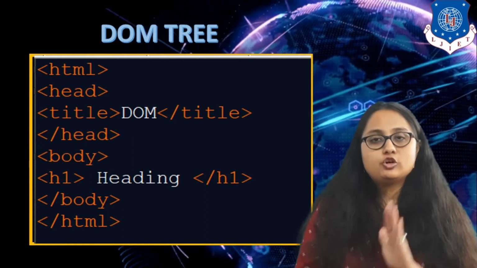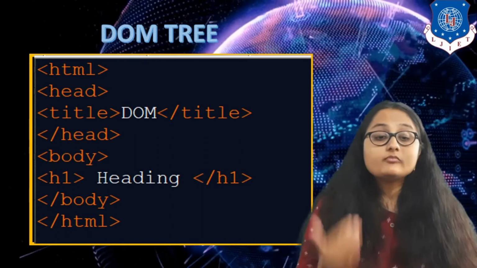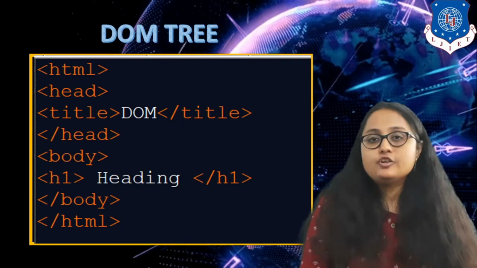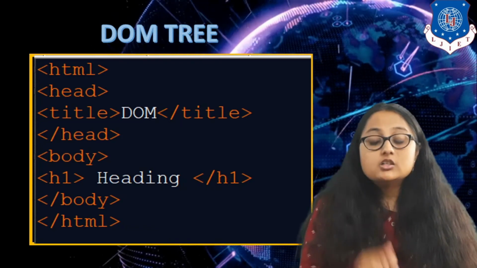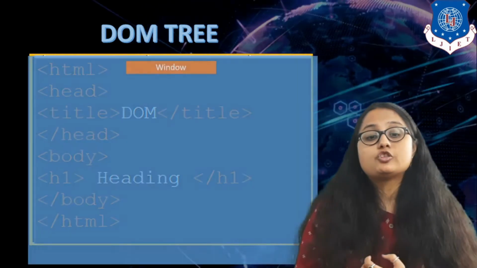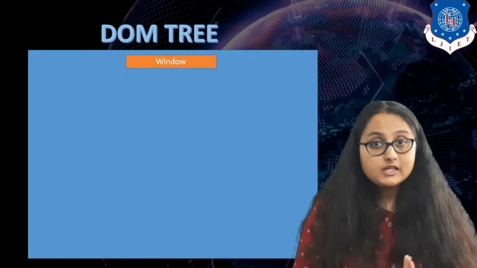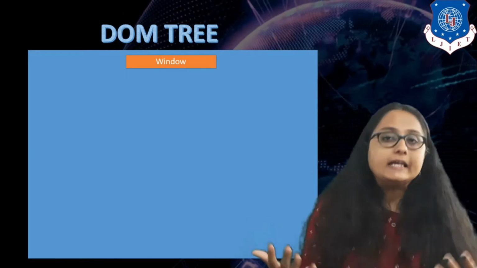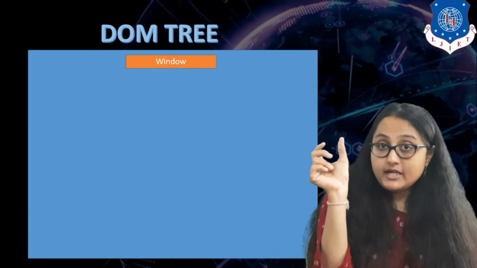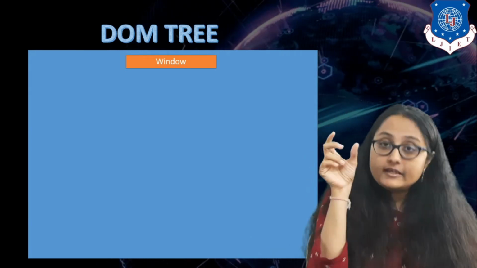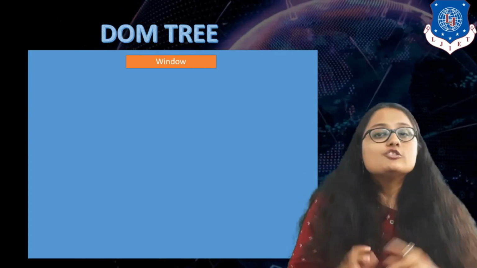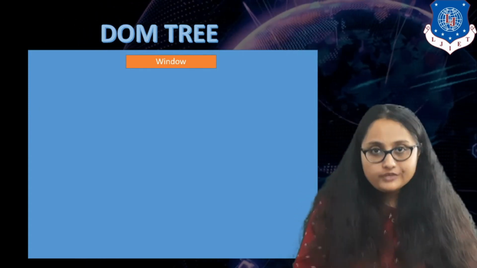Whatever HTML document you write, as soon as you load it inside your web browser, the document object model converts this HTML document into a document tree. And how is this tree created? The topmost object in the hierarchy of the DOM tree is the window object. So you have a browser window, right?